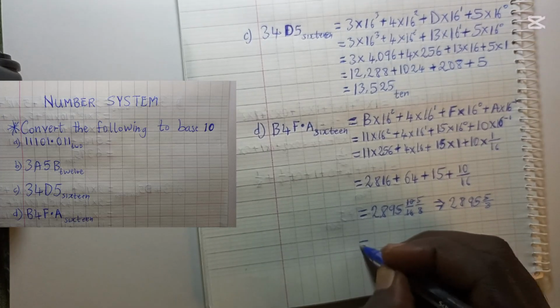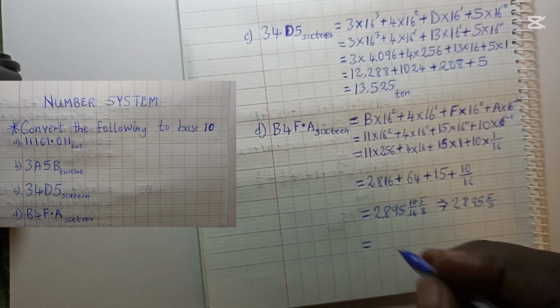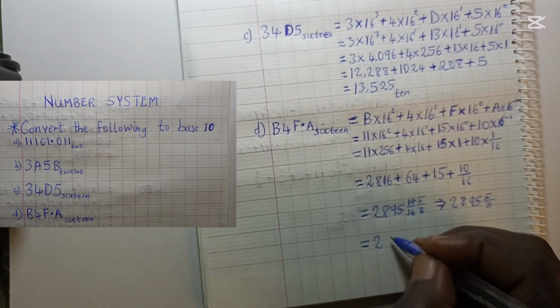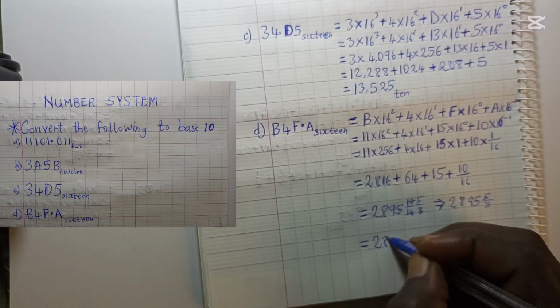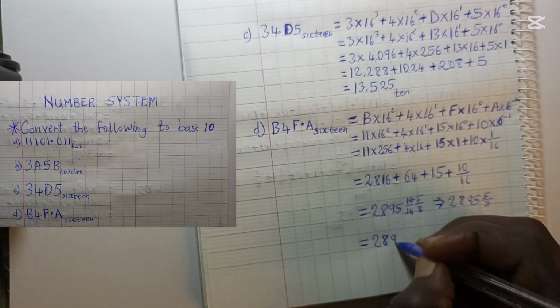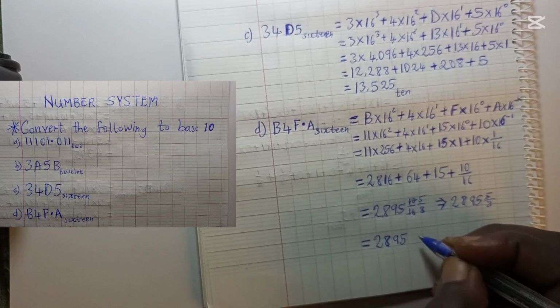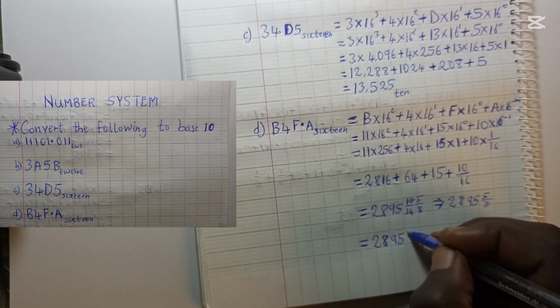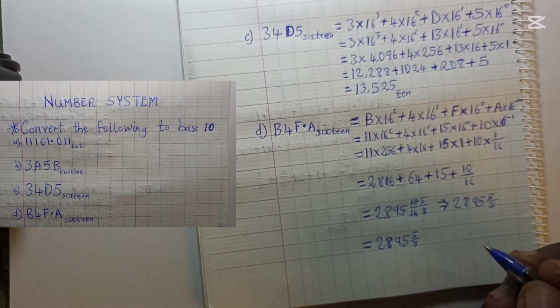So our answer will be 2,895 whole number 5 over 8.